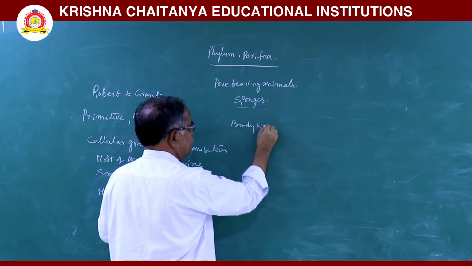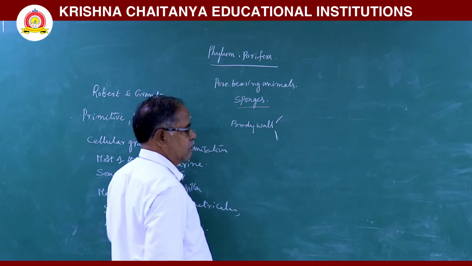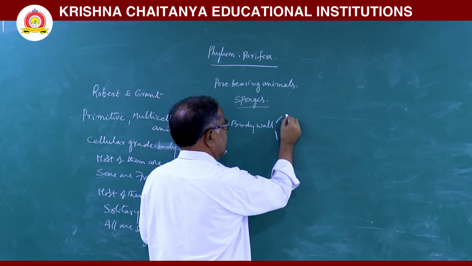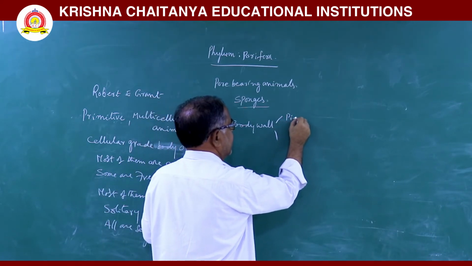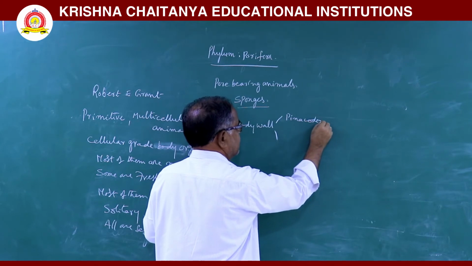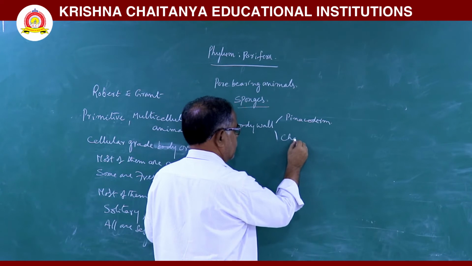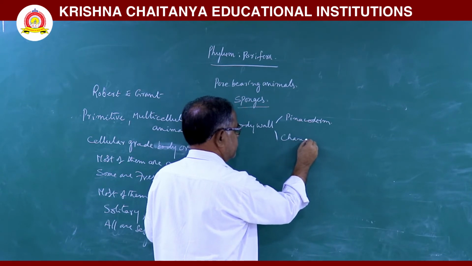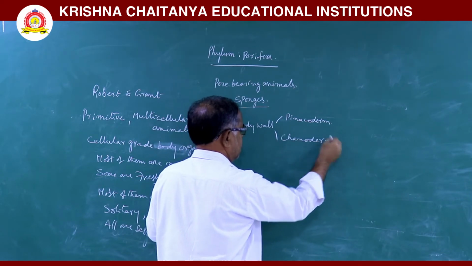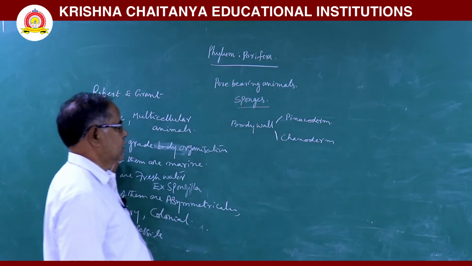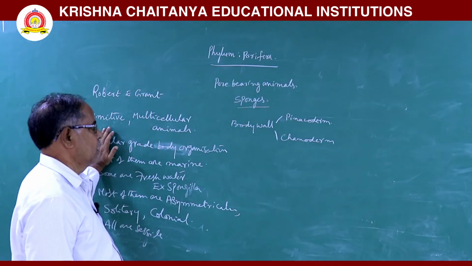Next, here the body wall has two layers. The outer layer is called the pinacoderm. The inner layer is called the choanoderm.